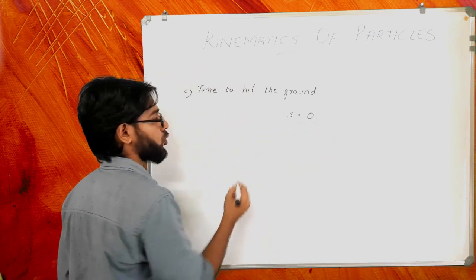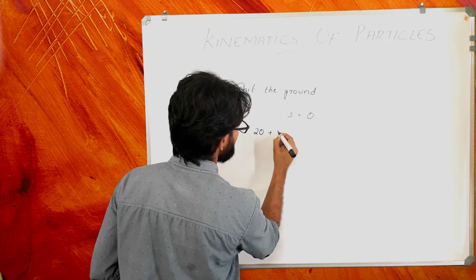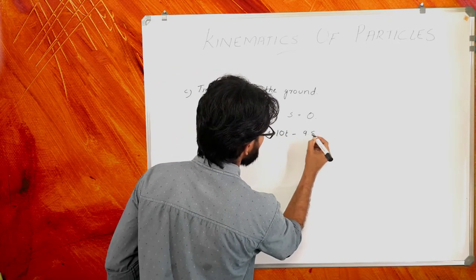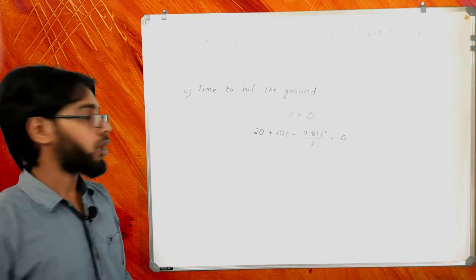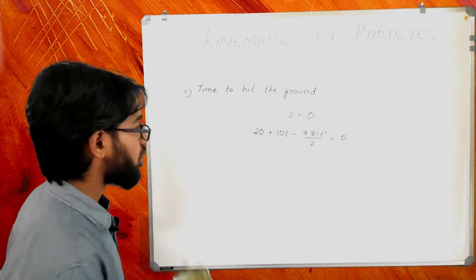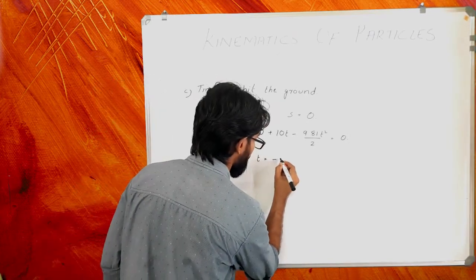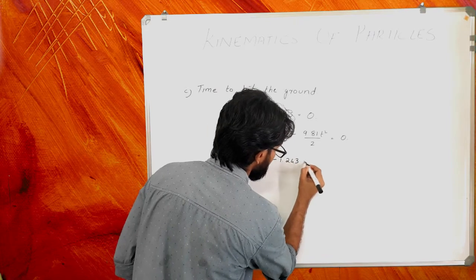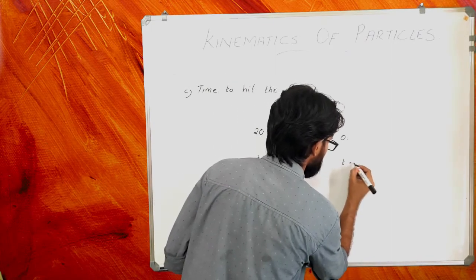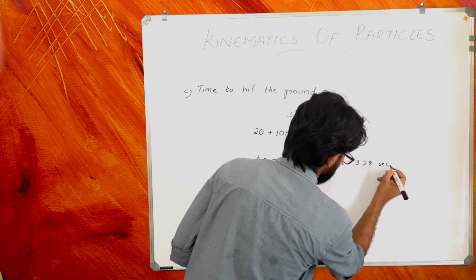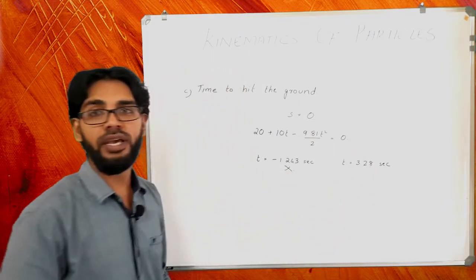That is s equals 0, or 20 plus 10t minus 9.81 t square by 2 equals 0. Now this is a quadratic equation. If I solve this equation, I'll get two values of t, namely t equals minus 1.243 seconds, if I remember it correctly, and the other t equals 3.28 seconds. If I reject the negative value, I'll get t equals 3.28 seconds.